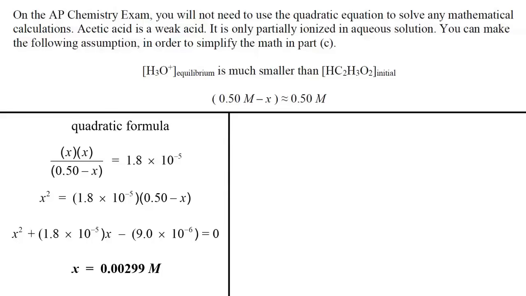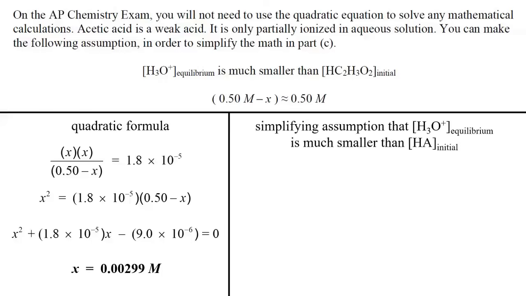So the value of X being much smaller than the initial concentration of the acetic acid allows us to make this simplifying assumption. Let's take a look.